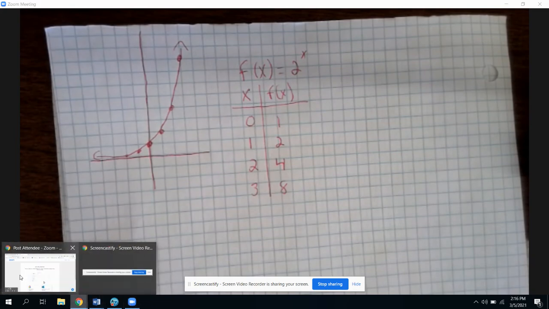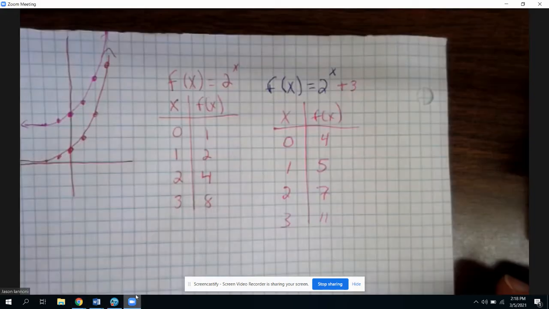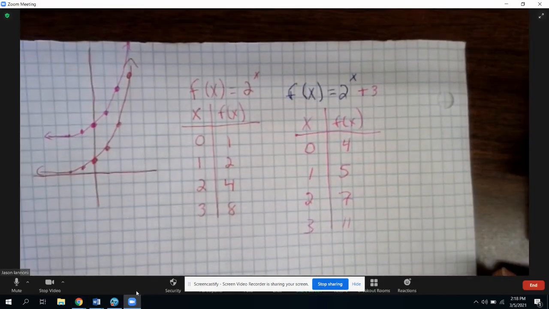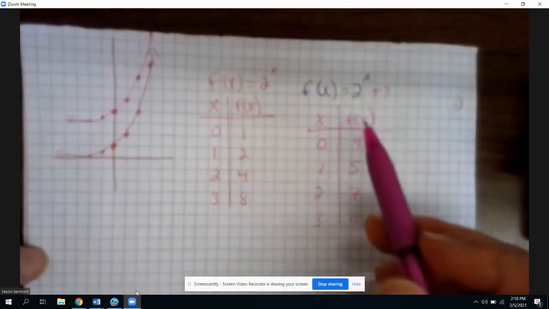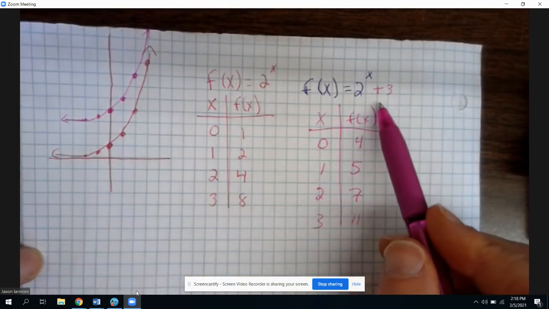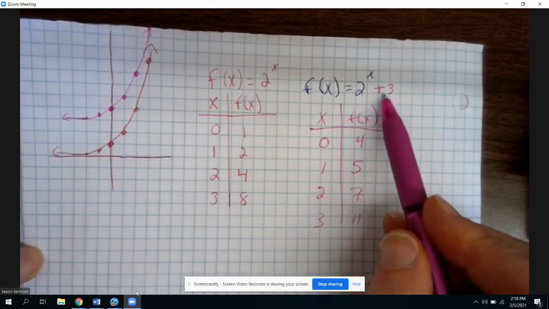Let's see what it looks like when we add in f of x equals 2 to the x plus 3. We're talking about vertical translations here, so we're going to add 3 down in the big number part, not in the exponent.